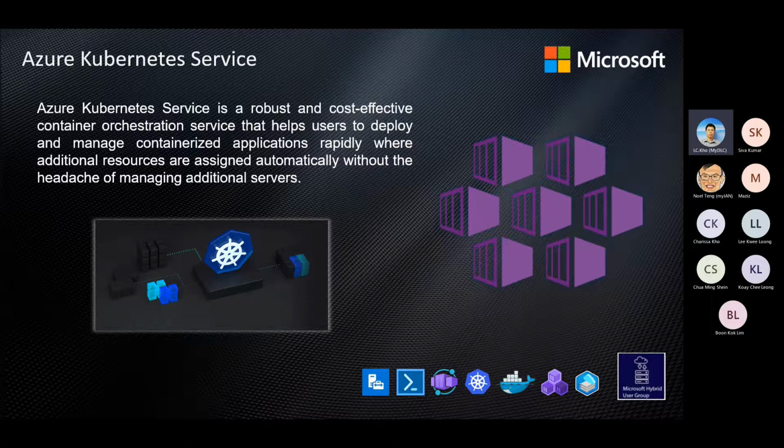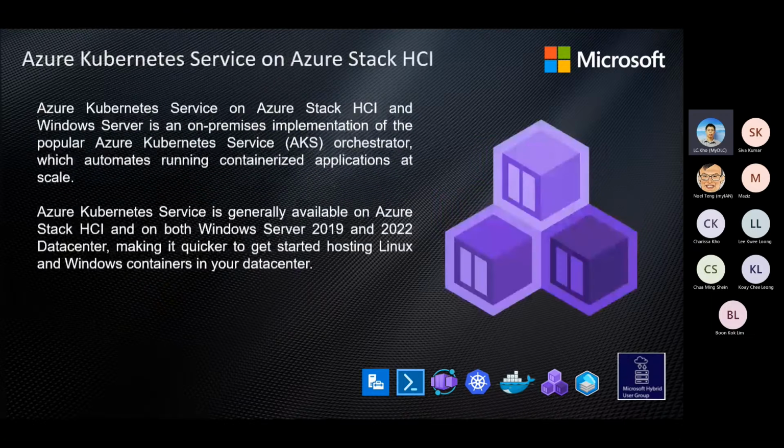So Azure Kubernetes Service is basically the Kubernetes service created by Microsoft. It's built on the conceptual mechanism of the Kubernetes engine. On top of that, we also get to know how we actually run it on Azure, because we know that Azure Kubernetes Service runs on Azure.